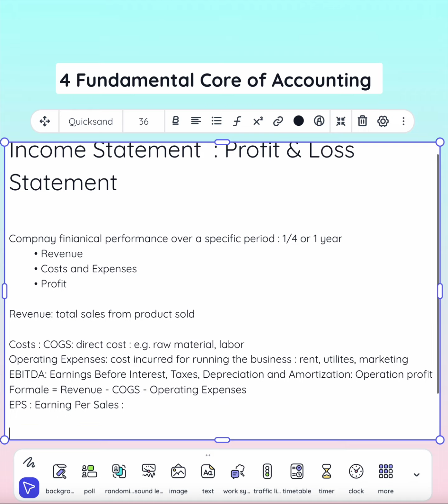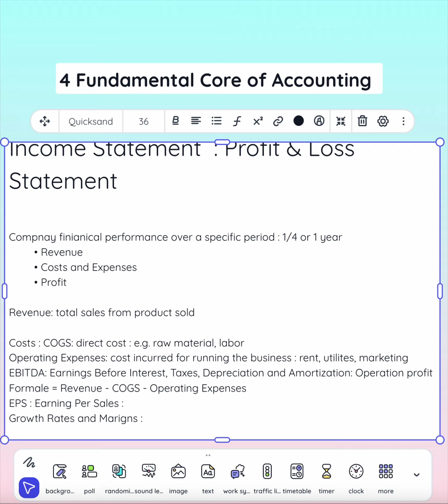Then you also have growth rates and margins. You have the revenue growth rate.